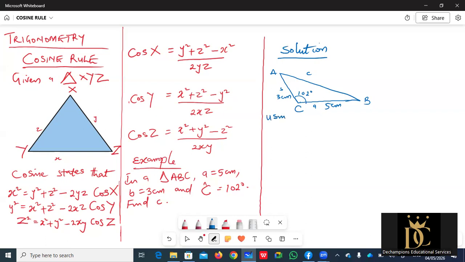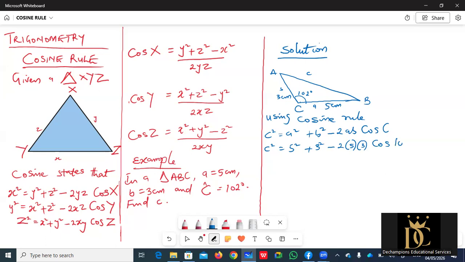Using cosine rule, we have C square will be equals to A square plus B square minus 2AB cos C. That is, C square will be equals to our side A is 5, that's 5 square, plus our side B is 3, that's 3 square, minus 2 bracket side A, 5, times side B, which is 3 here, then cos 102 degree.